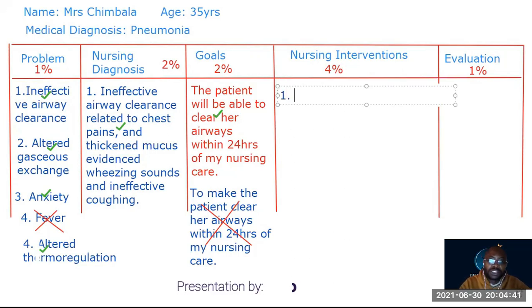For the nursing interventions, I have to talk about what I will do for the patient. So we also have a way of expressing ourselves under interventions. You have to begin with I will. Always, when you're writing your nursing care plan, begin with I will.